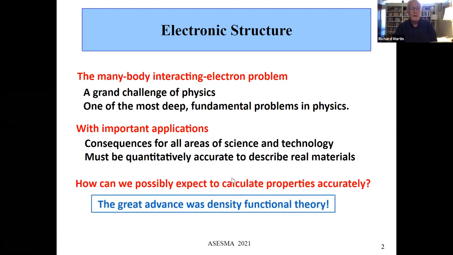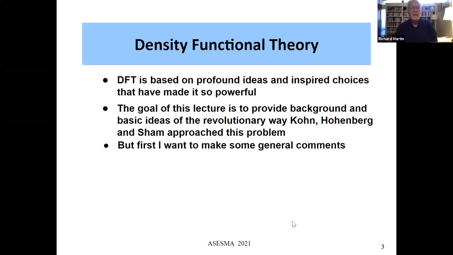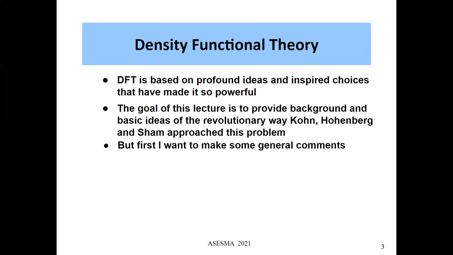The great advance was density functional theory. To make a few comments on just density functional theory before proceeding, it's based on profound ideas and inspired choices that have made it so powerful. My goal is to give some background and the ideas of how revolutionary was the approach of Kohn, Hohenberg, and Sham for this problem.